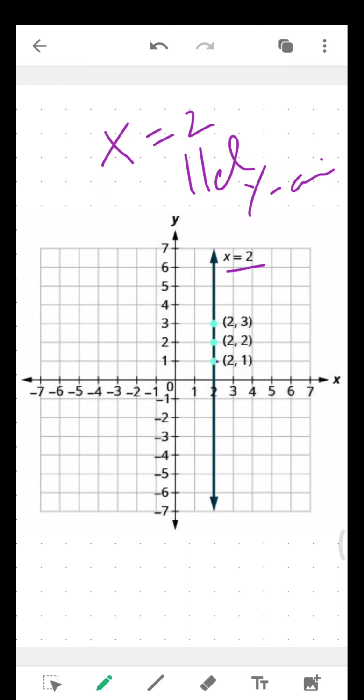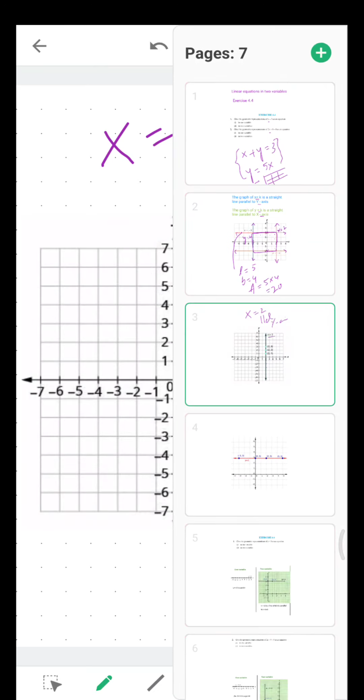This is 2 comma 1, this is 2 comma 2, this is 2 comma 3, and so on. If you come down here, 2 comma minus 1, 2 comma minus 2, 2 comma minus 3, and so on. So this is the graph of x is equal to 2, whatever may be the y coordinate, x will always be 2.